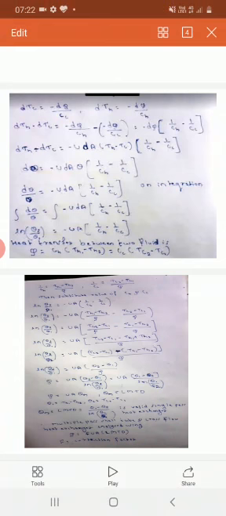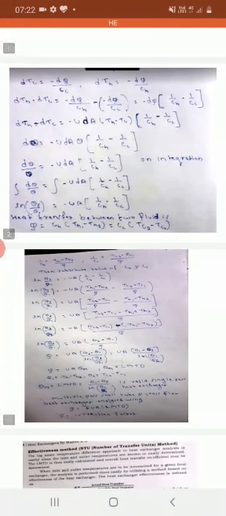Then we can substitute these values in the above equation, ln(theta 2/theta 1) = -U A (1/Ch - 1/Cc). We get ln(theta 2/theta 1) is equal to minus U A [(Th1 - Th2)/Q - (Tc2 - Tc1)/Q]. Therefore ln(theta 2/theta 1) is equal to U A, arranging the terms, [(Tc2 - Tc1)/Q - (Th1 - Th2)/Q].